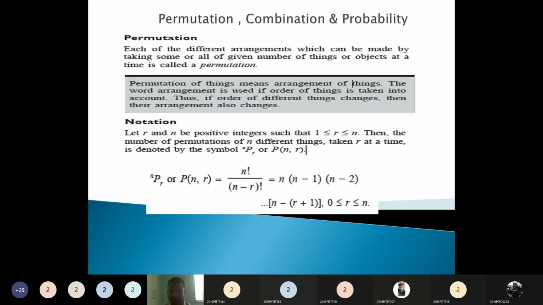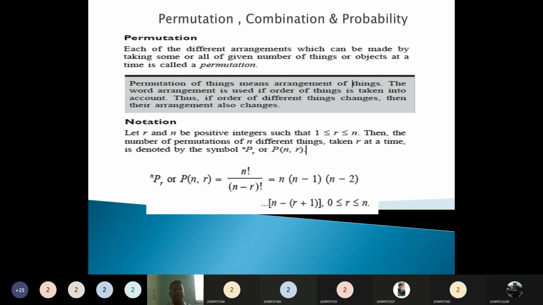So we'll continue the concept placement class. My topic: permutation, combination, and probability. First, we'll see permutation. Combination in the name of combinatorics is already taken, so in that I'll take a few problems only.